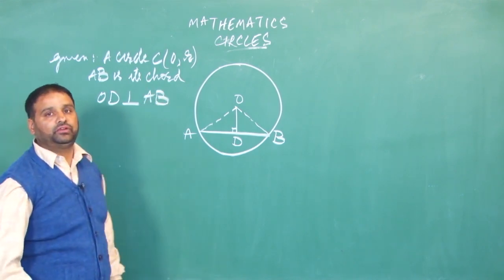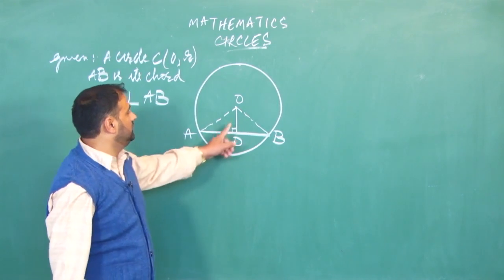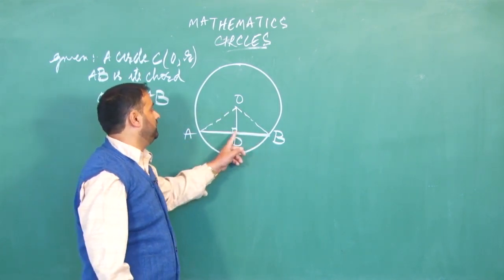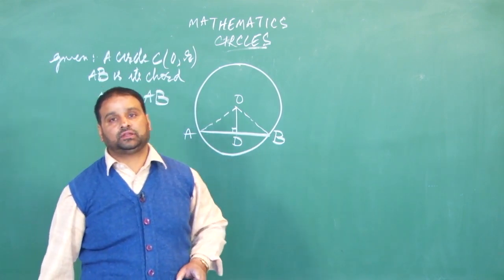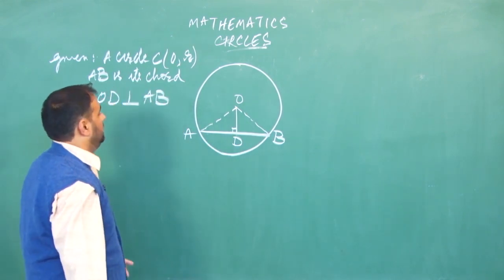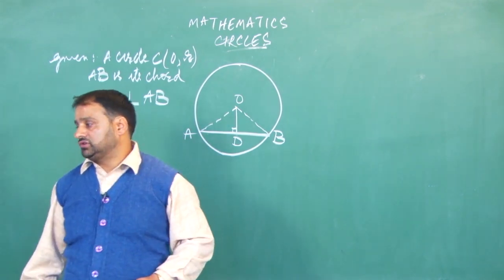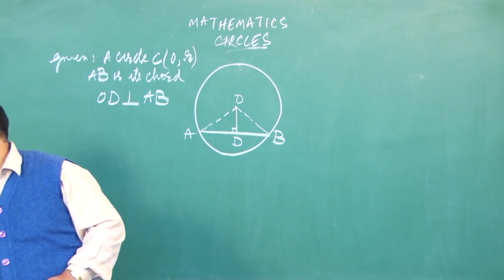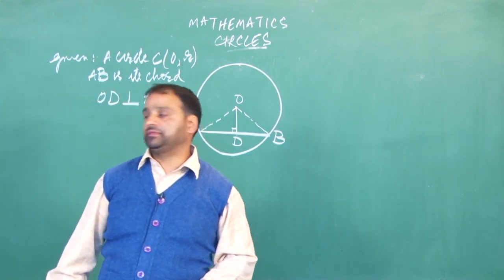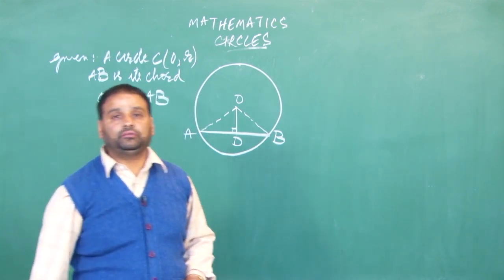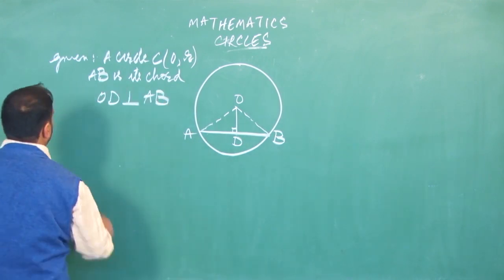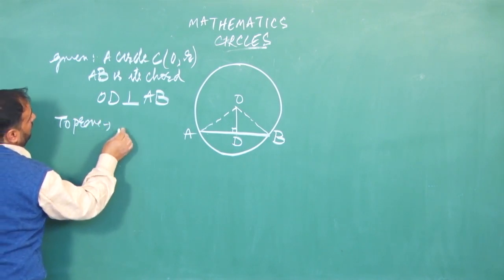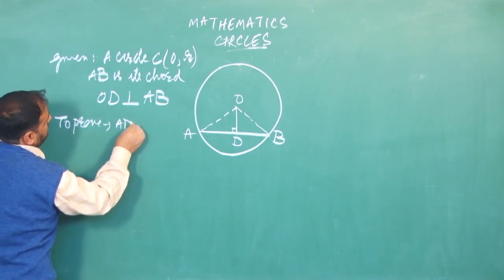Now, what we need to prove is that this perpendicular line, where it intersects chord AB, divides chord AB into two equal parts. That means chord AB gets bisected. It is theorem 10.3 in your textbook, which says the perpendicular from the center of a circle to a chord bisects the chord. So, this is given. We need to prove that AD is equal to BD.